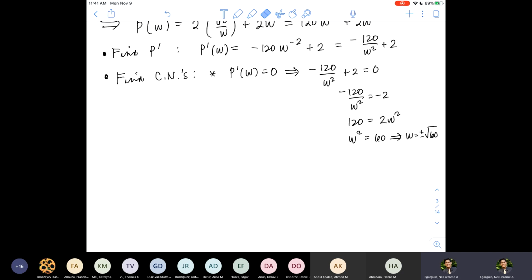But actually, we can eliminate one of the critical numbers here, because negative root of 60 doesn't make sense insofar as the problem is concerned, right? Because W is a measurement of the width, and the measurement of the width should be non-negative, actually positive. So we can say that W should be equal to root of 60.